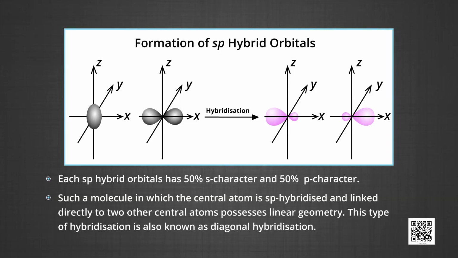This type of hybridization is also known as diagonal hybridization. The two sp hybrids point in the opposite direction along the z-axis with projecting positive lobes and very small negative lobes, which provide more effective overlapping, resulting in the formation of stronger bonds.